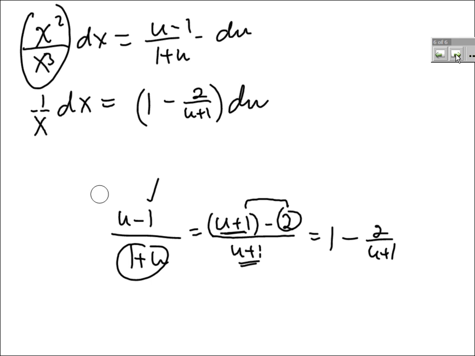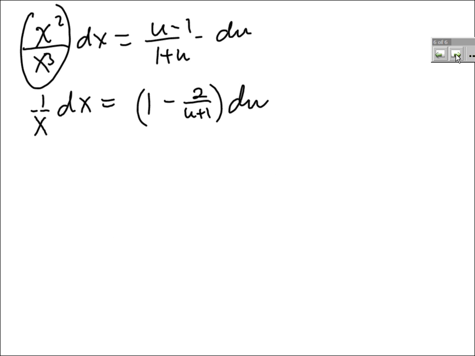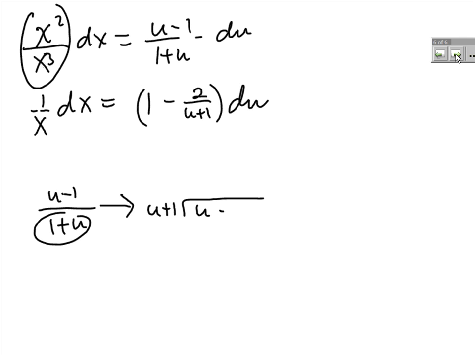An alternative way of getting the exact same answer is to do the division. 1 plus u into u minus 1. This I'm going to write as u plus 1 into u minus 1. U times 1 is u plus 1.